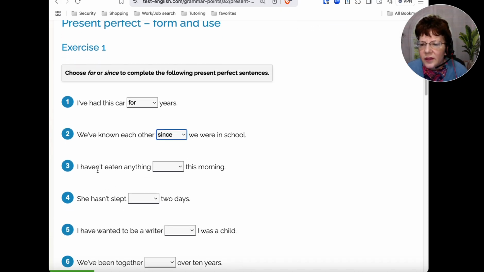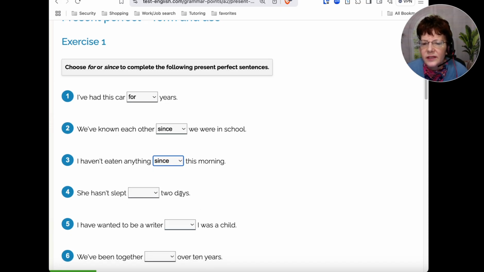Okay, three, I haven't eaten anything this morning. So since or for? All right, so same situation. If we chose since, that would be correct. All right, four, she hasn't slept 2 days. Okay, again, this indicates how long something lasted or didn't last. Okay, for or since.